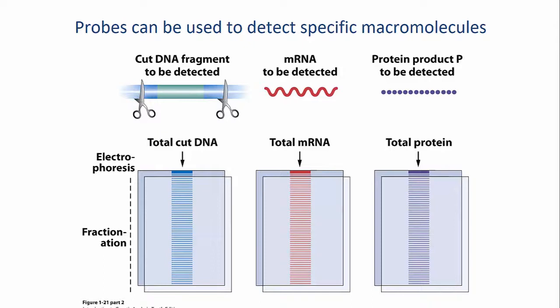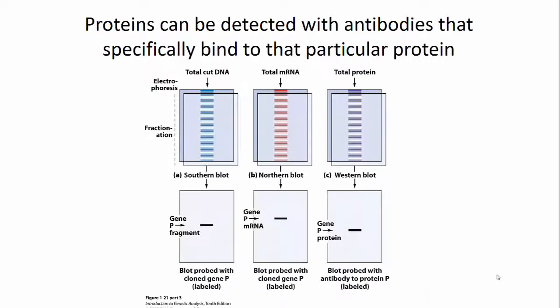For protein, we can also do the same type of experiment. So protein, you would purify all of the protein from your particular tissue of interest and separate it by gel electrophoresis based on the size. Then you would blot it onto a membrane, and here is where things get a little bit different. Proteins cannot be detected by base pairing with a particular sequence.